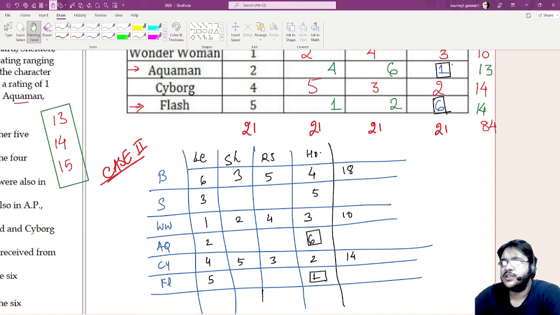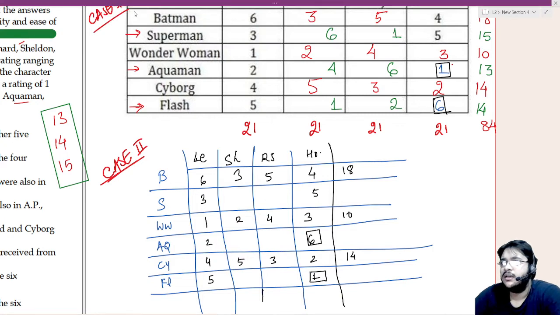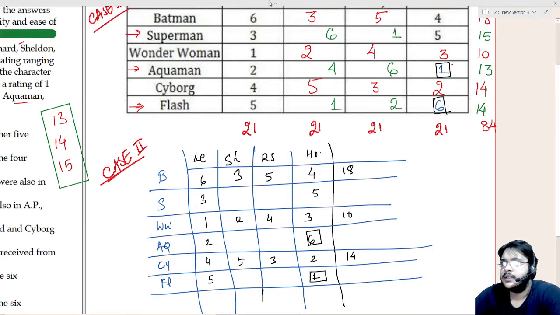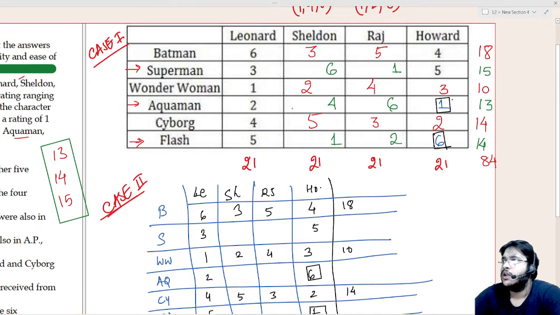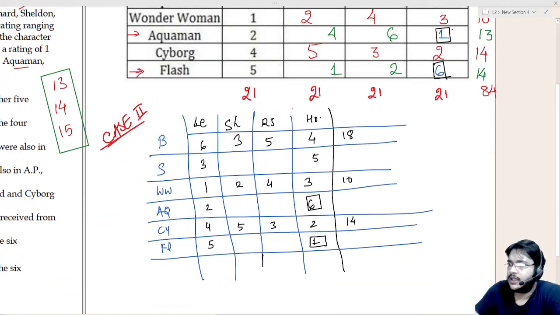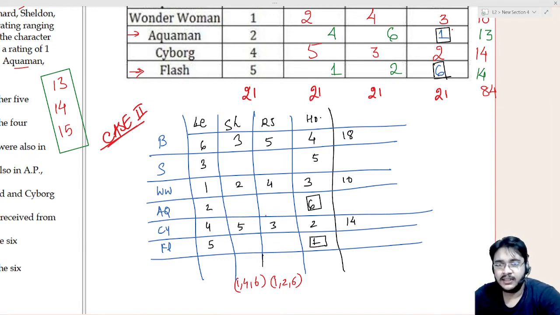Same situation. I have 1, 4, 6, 1, 2, 6. So 1, 4, 6 and 1, 2, 6. These are the only numbers that will fill this entire block. Now because I have already filled one just above, the second one is probably going to be much easier.